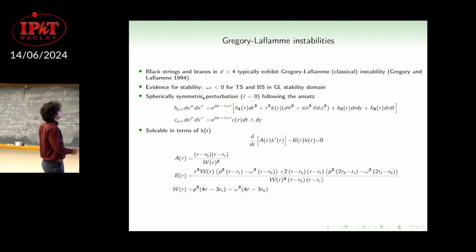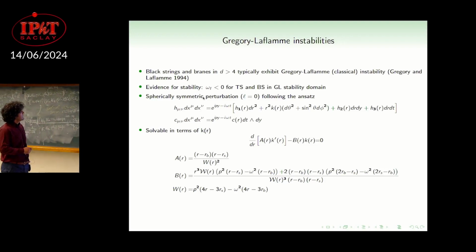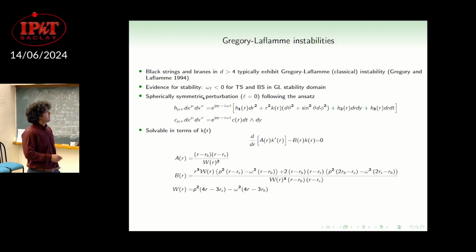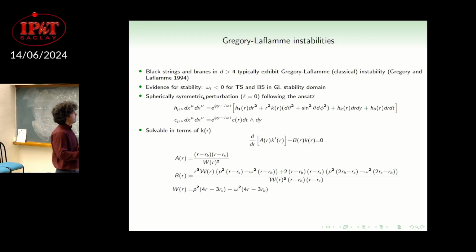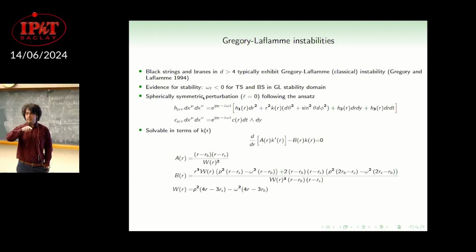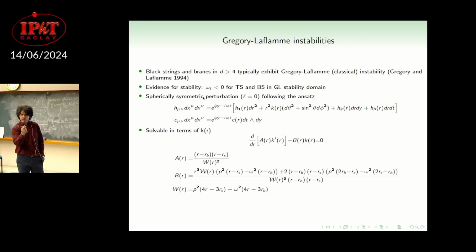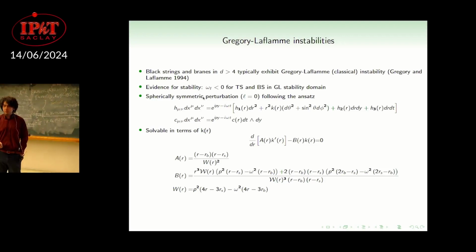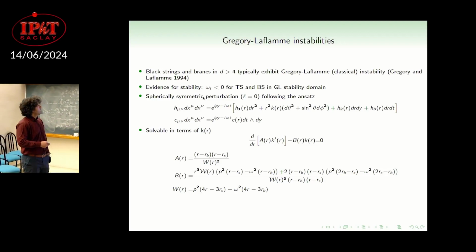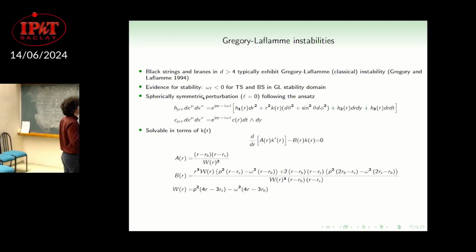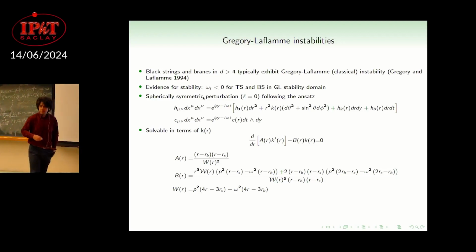Also in this case we have evidence for stability, so negative imaginary part, for both the topological star and black strings, but in the Gregory-Laflamme instability domain, so when RB is smaller than 2RS and bigger than RS, and vice versa, exchanging RS and RB for the black string. So we tried to repeat the calculation that Gregory and Laflamme made when I was born, but generalized it for the topological star.